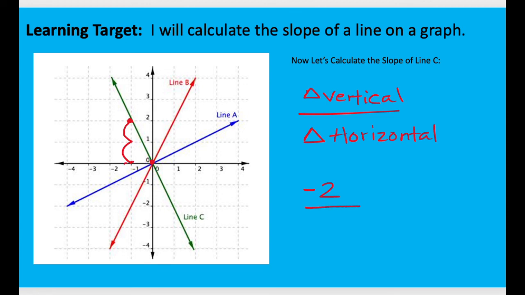Then to go from here to here, I'm going to go to the right 1, so that would be a +1. So my slope would be -2 over 1, or just -2. This one has a negative slope, which I already knew because the graph starts in the top left corner and goes down towards the bottom right corner of the graph.